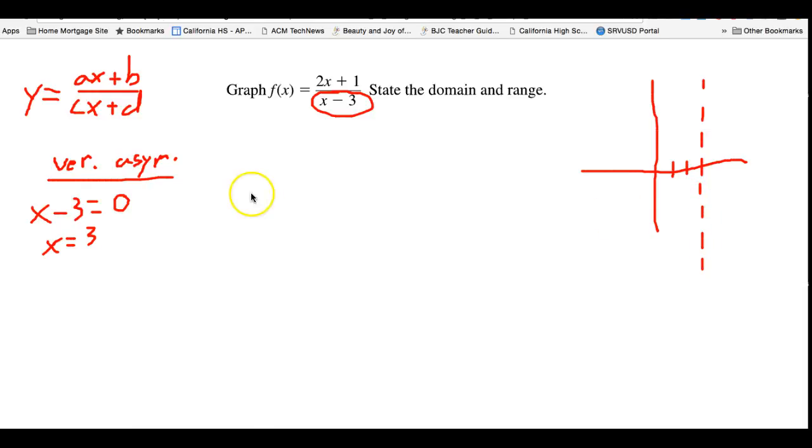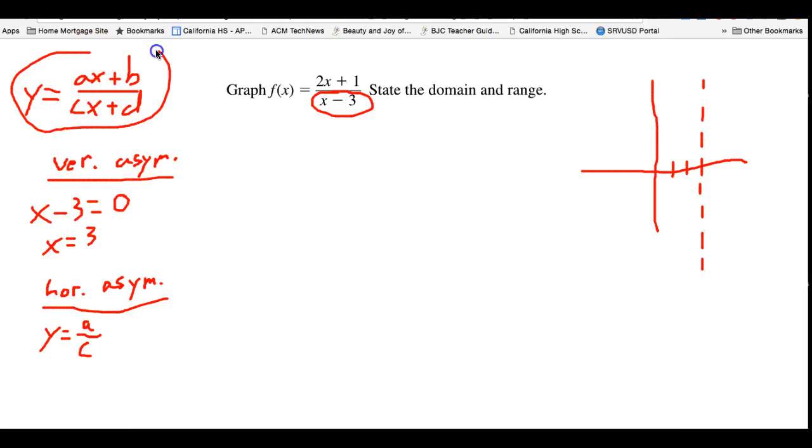Now, to find the horizontal asymptote, again, you guys should be taking notes for all of this right now so that you have them in class. The horizontal asymptote is just the line at y equals a over c. And you get these a over c values from your original function. Remember, we're talking about functions that are in this form: ax plus b divided by cx plus d.